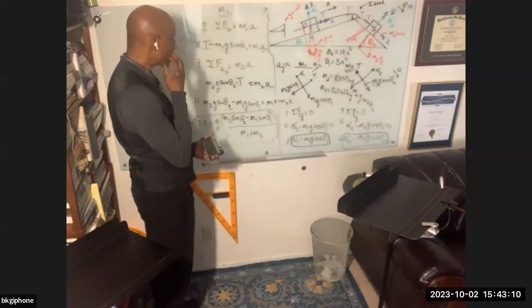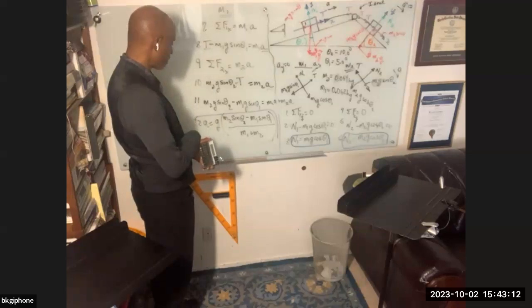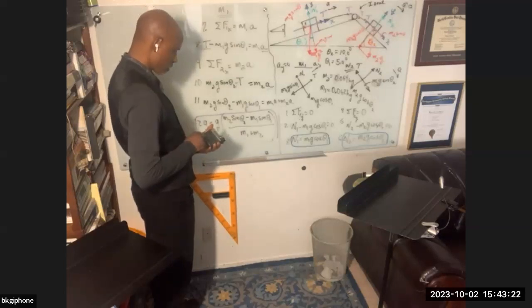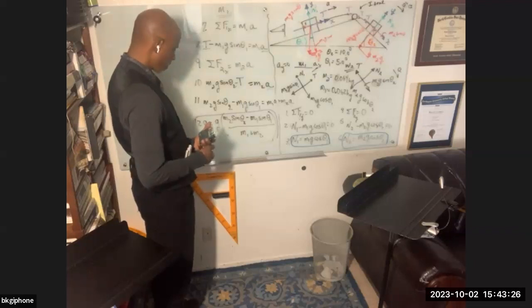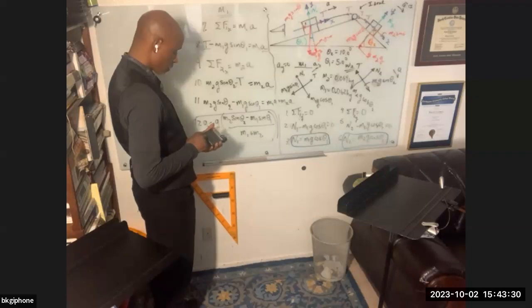Oh, you know what? I think I forgot to multiply by 9.81. Did I forget to multiply by 9.81 last time? It would have made it larger. Something happened here. Something's not right. Yeah, 0.44. I think I did something wrong, unless the other one was wrong.